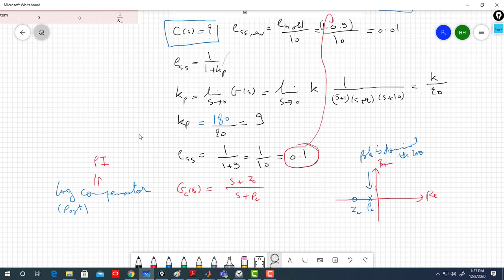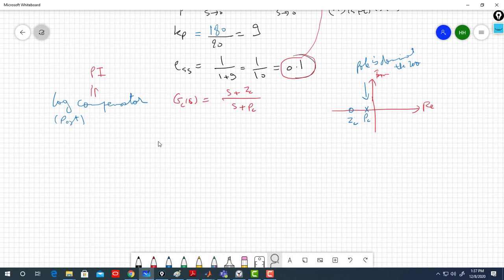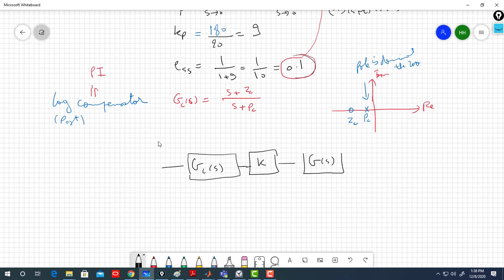So let me find the new transfer function now. The new transfer function, if you wish, you have GC of S, you have the gain K, you can include it here if you wish, and you have G of S. So now G of S is 1 over S plus 1, S plus 2, S plus 10.